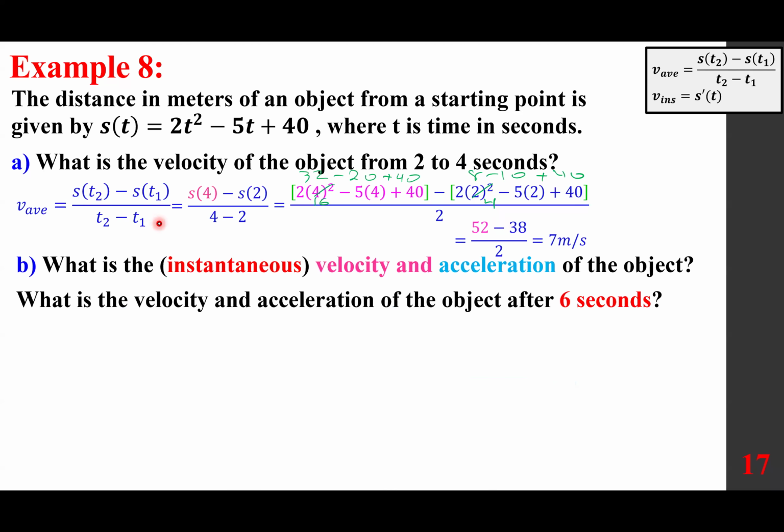Now, what is the instantaneous velocity and acceleration of the object? What is the velocity and acceleration of the object after 6 seconds? So velocity, when one point in time is given, is really the instantaneous velocity, which is the derivative. So v instantaneous is s prime of t. So differentiate this and you get 4t minus 5.